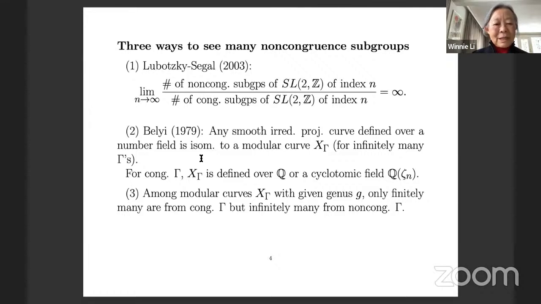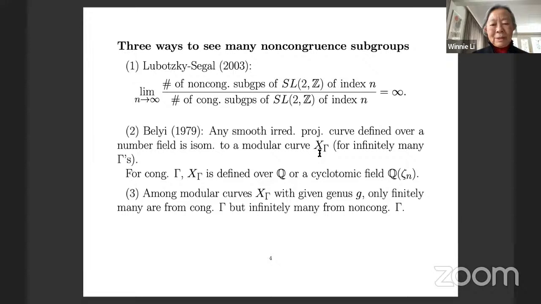And the second way is by a theorem of Belyi, which says that any smooth irreducible projective curve defined over a number field is isomorphic to a modular curve X(gamma). And actually for this group gamma, there are infinitely many choices. So they differ by conjugation. Okay.